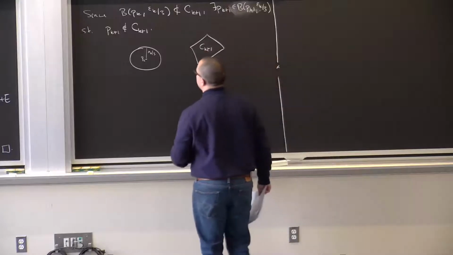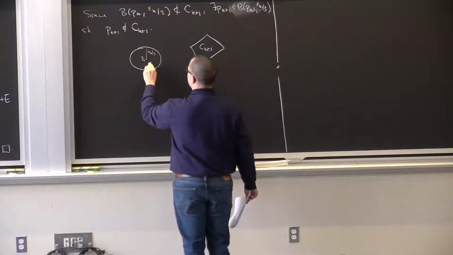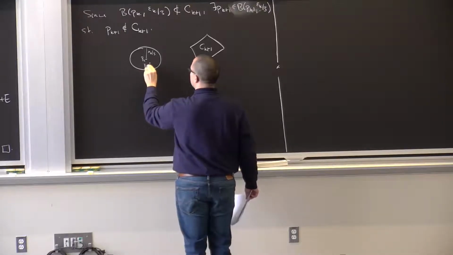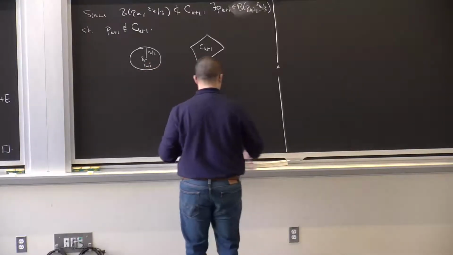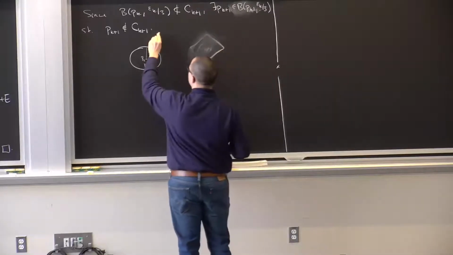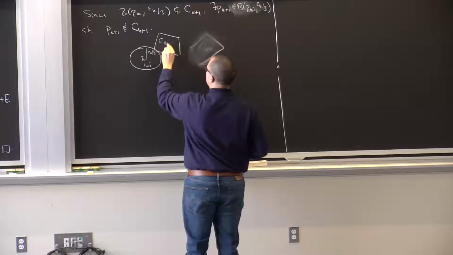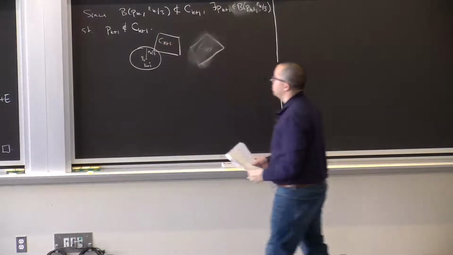C_{k+1}. So maybe they're not disjoint, maybe there's some overlap, but then I can find a point p_{k+1} in there that's not in C_{k+1}.